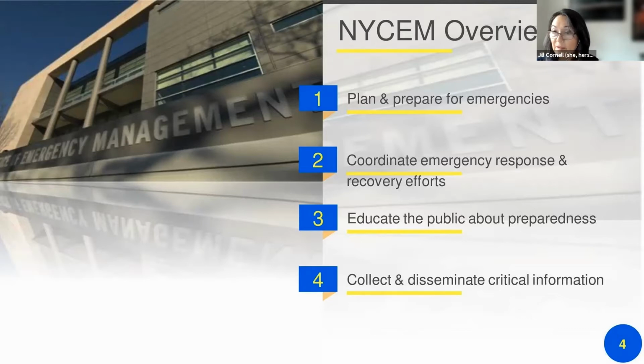We educate the public about preparedness. That's what I'm doing today, right now. And we collect and disseminate critical information. So those of you that subscribe to Notify NYC or the Advanced Warning System, also known as AWS, get the benefit of the information that we distribute.